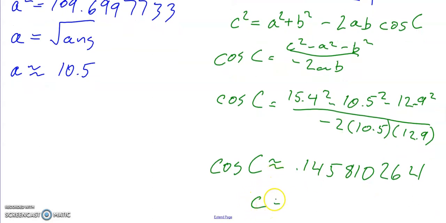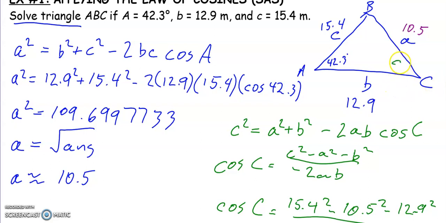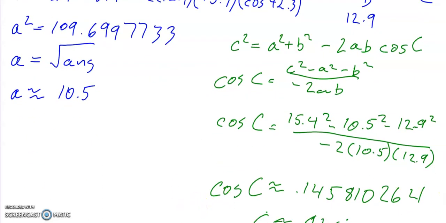Then we take the inverse of this cosine, and we find out that angle C is about 81.6 degrees. All right, so now we know this one is 81.6 degrees, and we can find angle B super easy by using A plus B plus C equals 180, because all three angles in a triangle have to add up to 180.